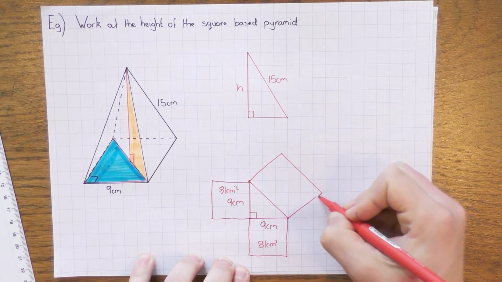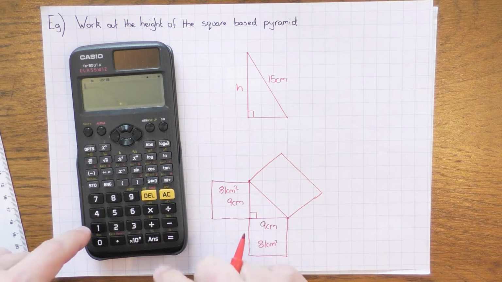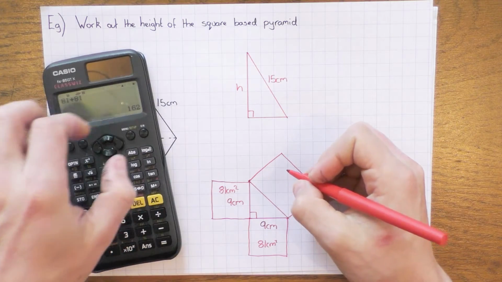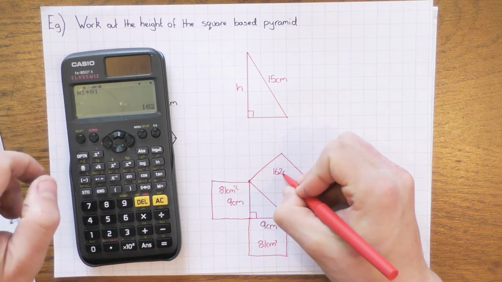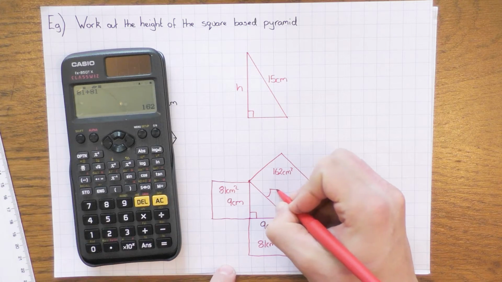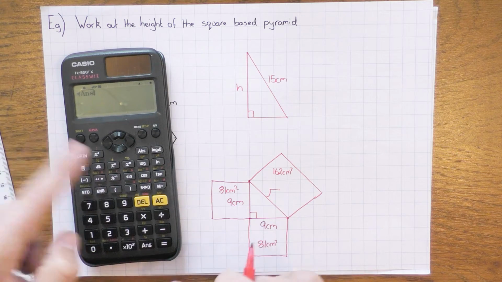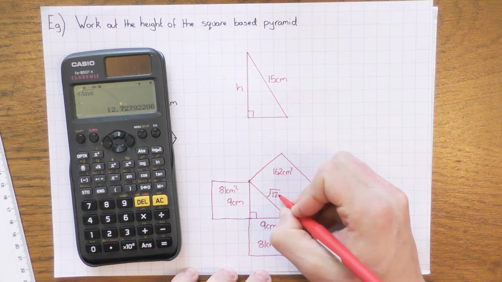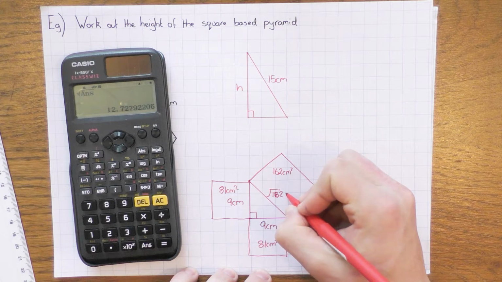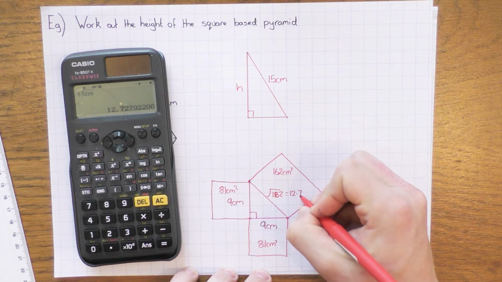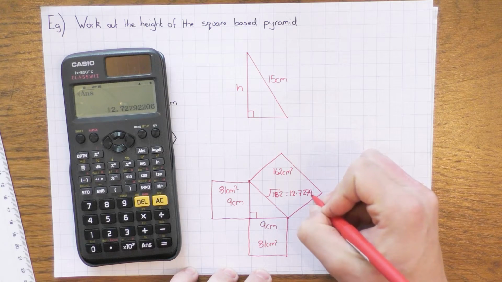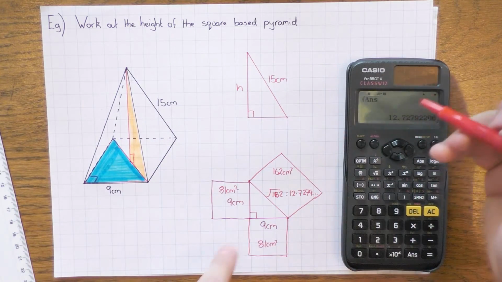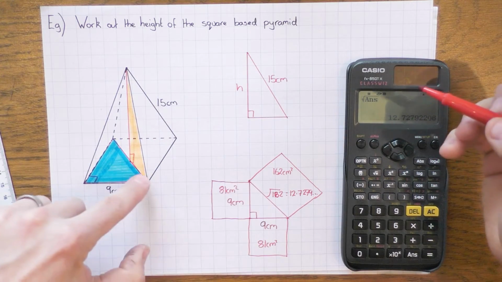So what is the area of this one? Let's get the calculator ready so I can do my square root. So 81 plus 81 gives me 162 centimetres squared, and then I can square root it, so I can square root of 162, which gives me 12.7279, etc. Now don't get rid of that, keep that on your calculator, because what we've just worked out is that whole length here.